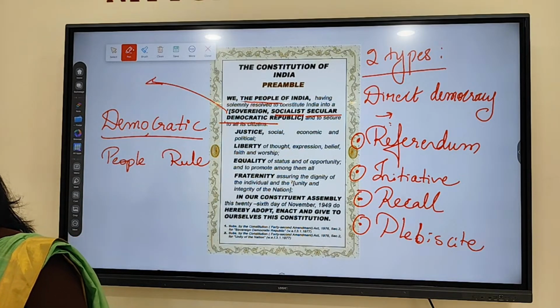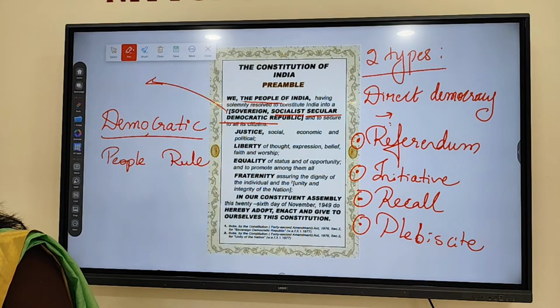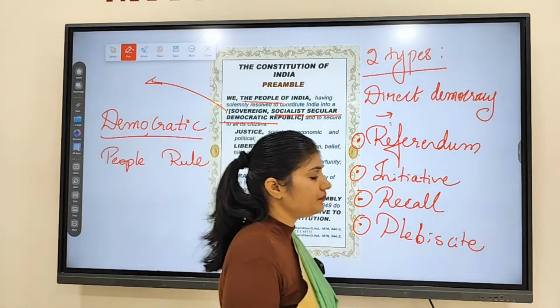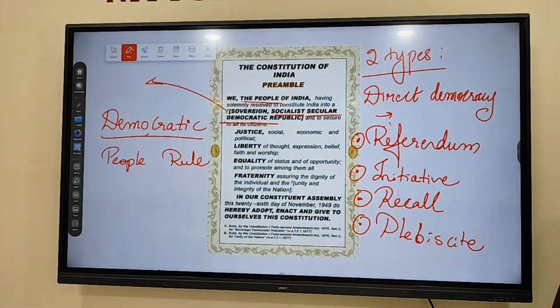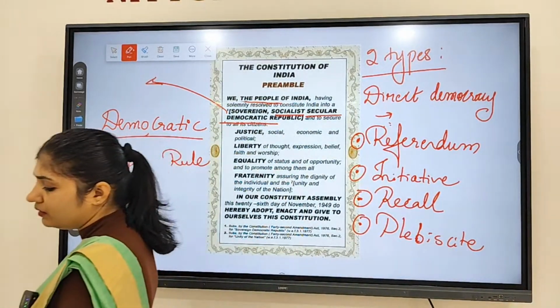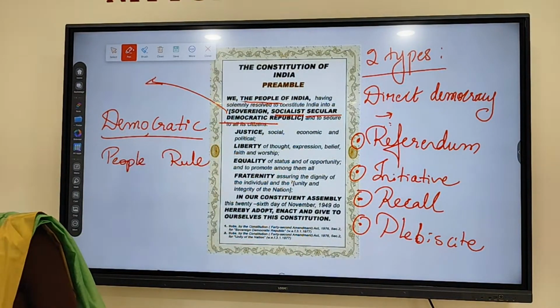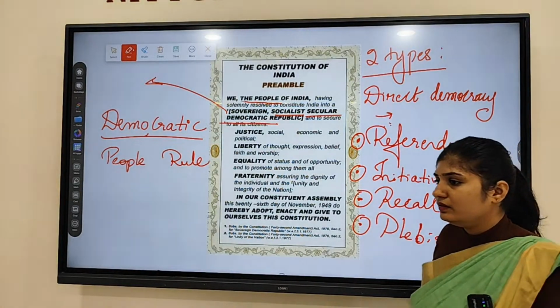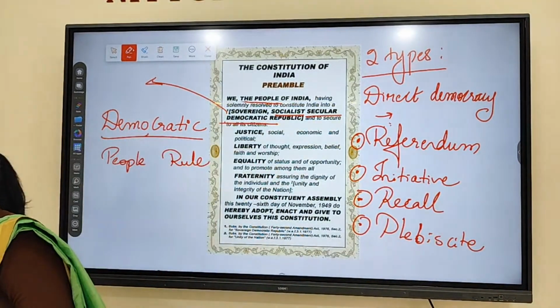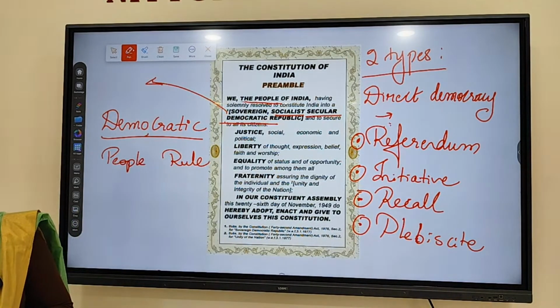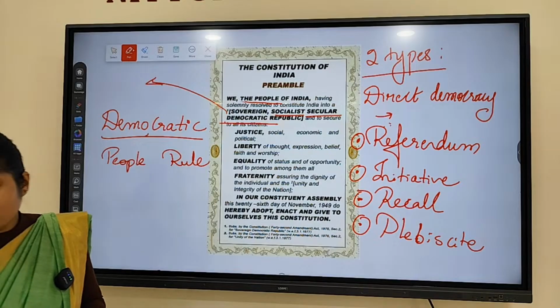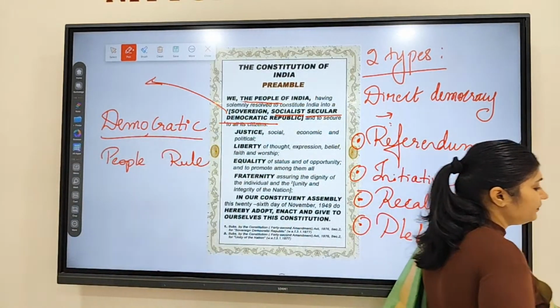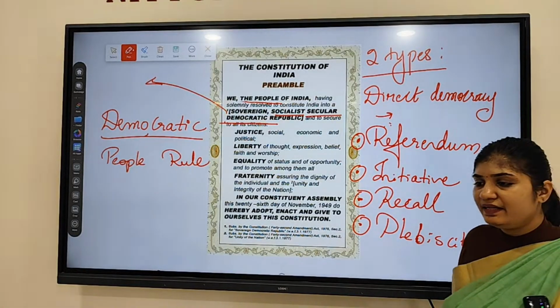Third type, recall. R-E-C-A-L-L. Just write down. Recall allows the citizens to remove an elected person from office before their term ends.